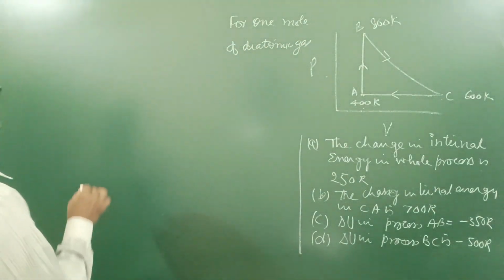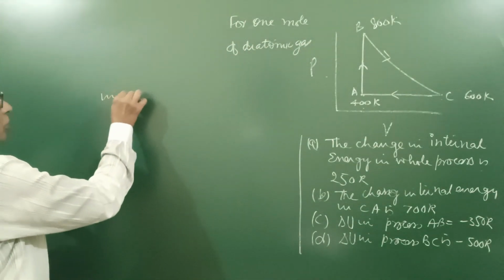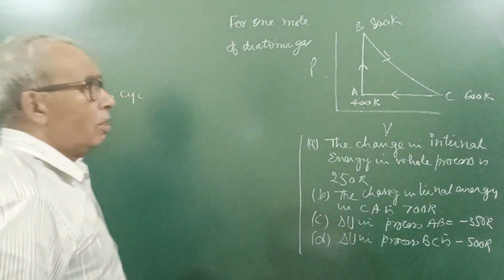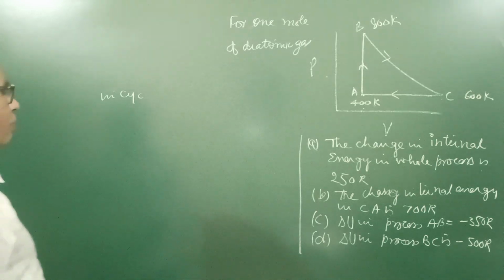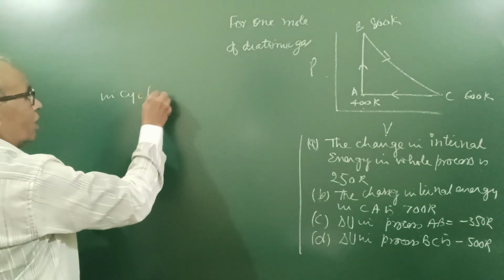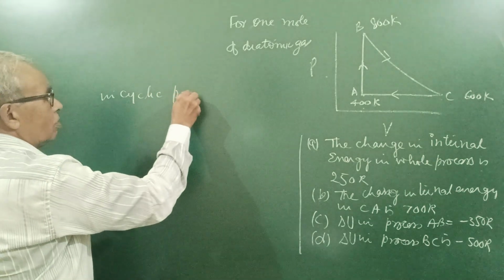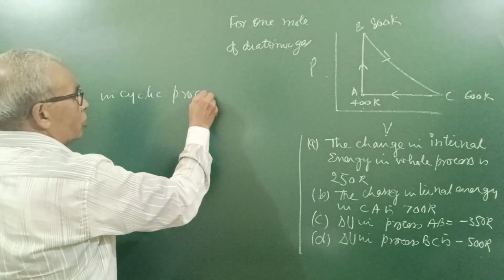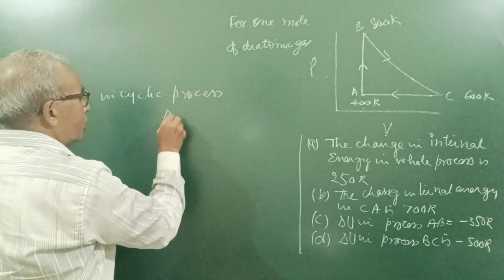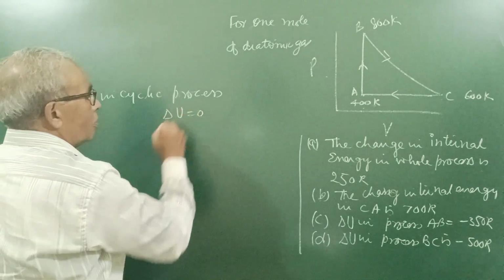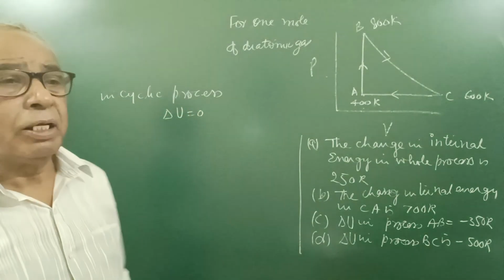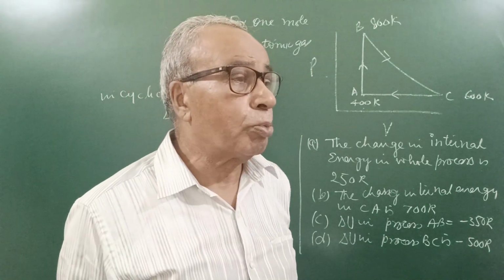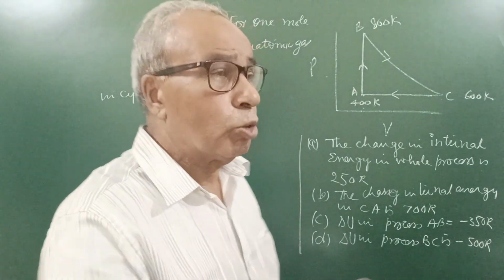So we know A, B, C, A is a cyclic process. In a cyclic process, delta U is 0, because internal energy is a function of state, not of path or process.